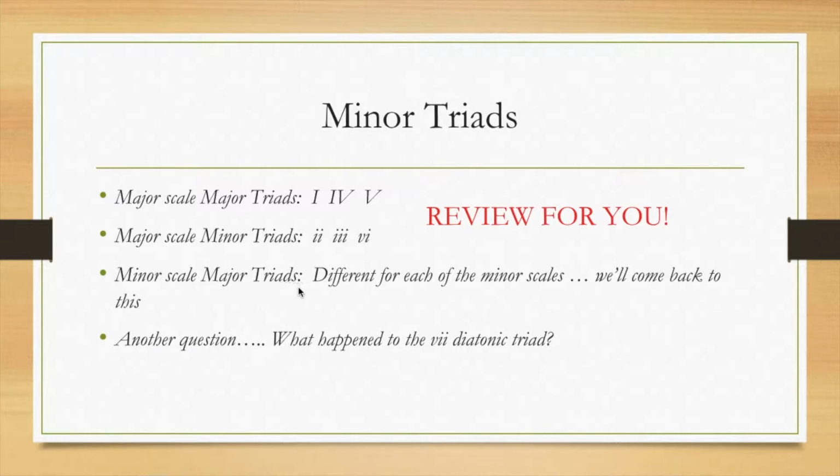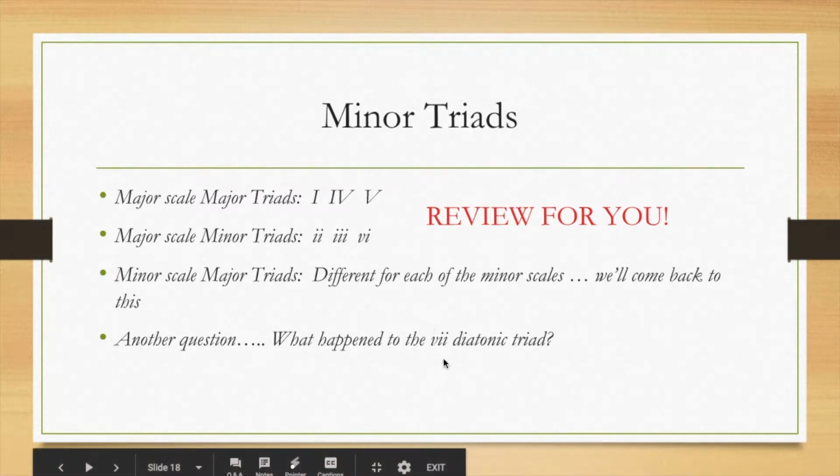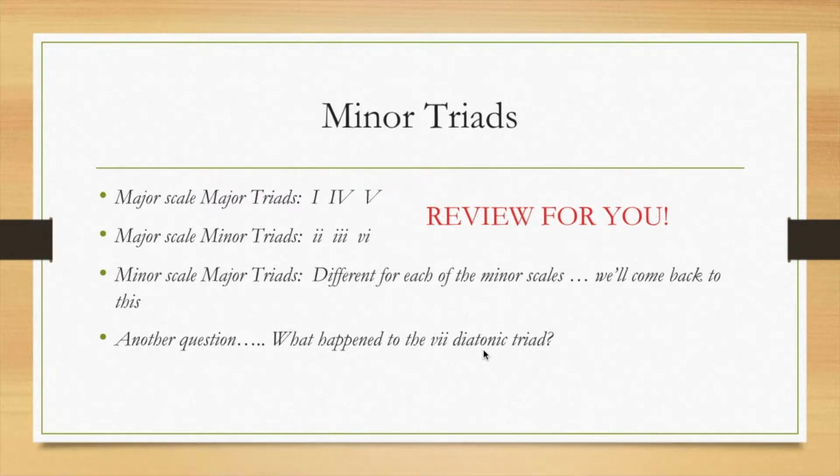They're not the same for the natural, harmonic, and melodic minor scales because we're shifting those notes around a little bit. All right, we're going to come back to that. Here's another question for you. What happened to the 7 in the diatonic triad? I gave you the answer to that just now. What is the 7th in a major scale?